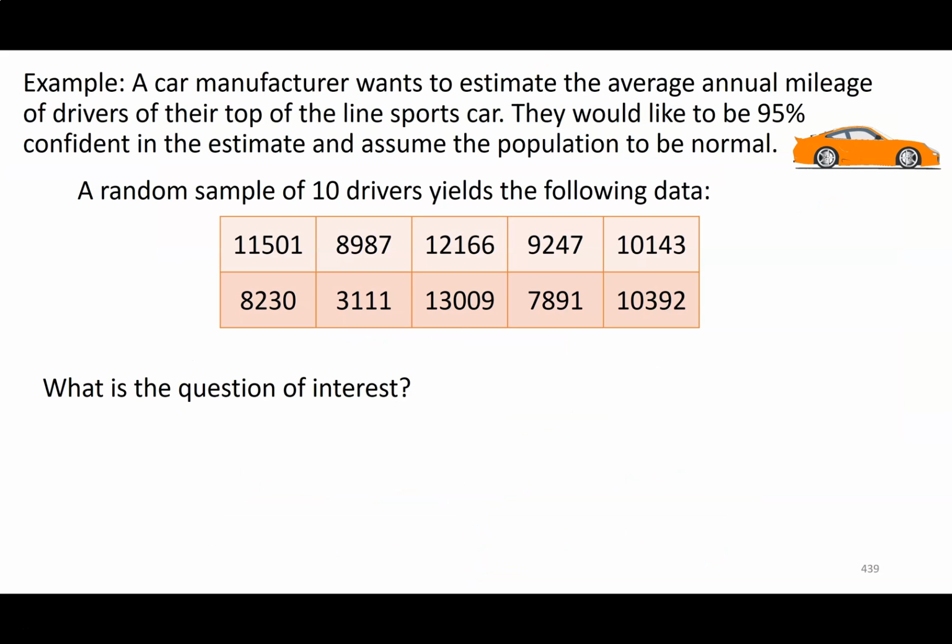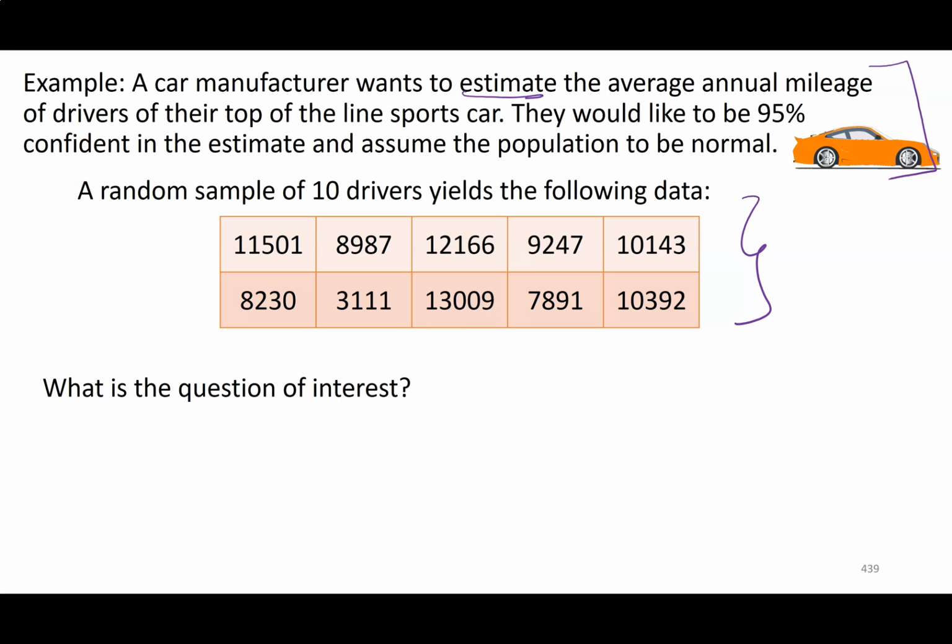So the example we're going to use is that sports car example. We have 10 drivers and this is their annual mileage for the year with a specific car. Reading the prompt, they want to estimate the average annual mileage of all drivers for their top of the line sports car.